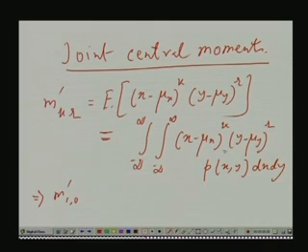Since mean of x is mu x, that will be 0. So this will be equal to 0. Similarly, m prime 0 1 also will be 0.